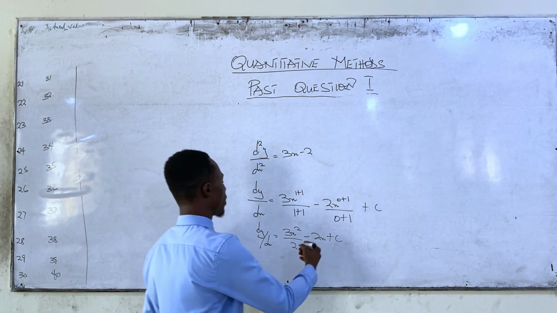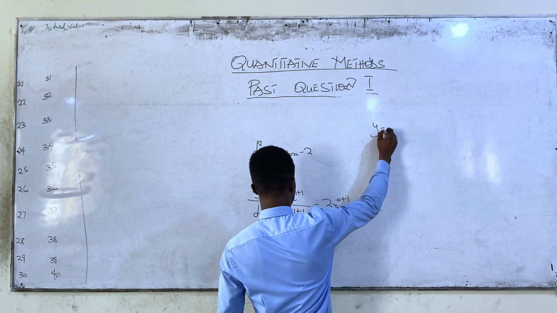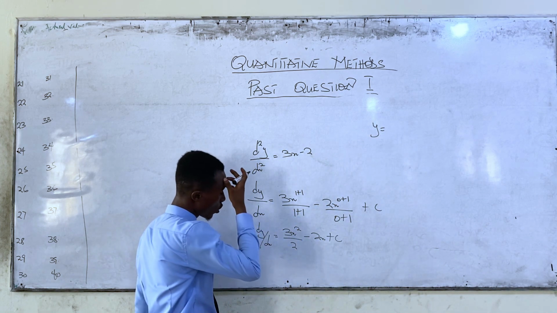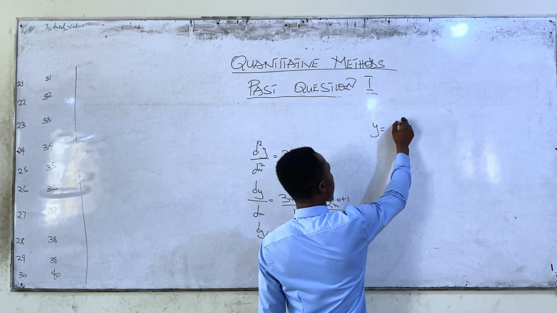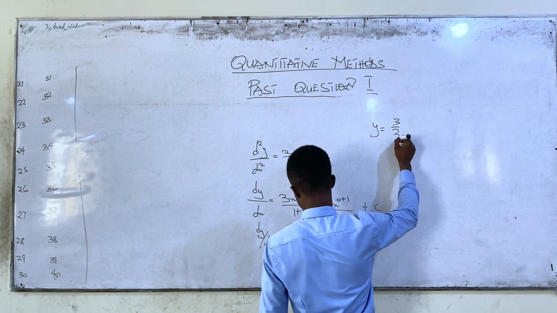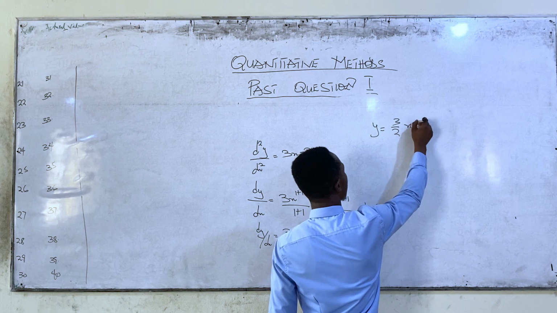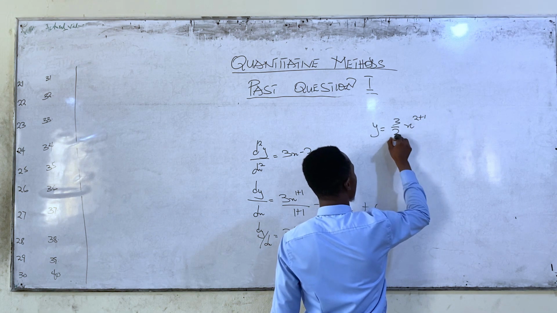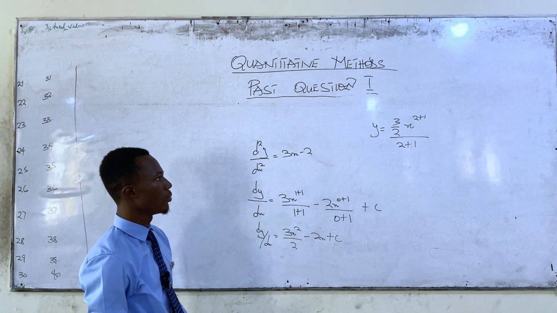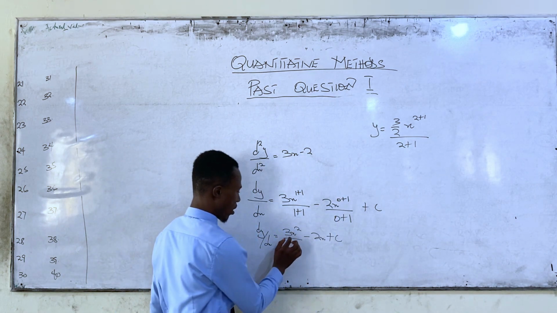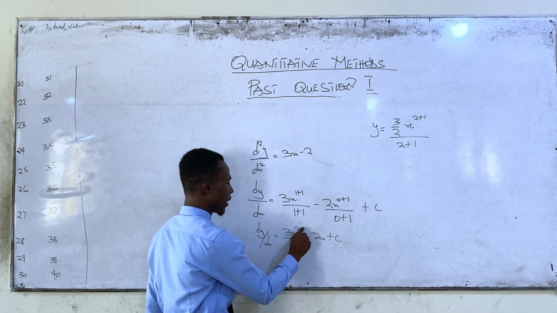So when you integrate it again, you are going to get y equal to 3 on 2 x to the power 2 plus 1 over 2 plus 1, because this is our numerator now, then we are going to divide it by the exponent.